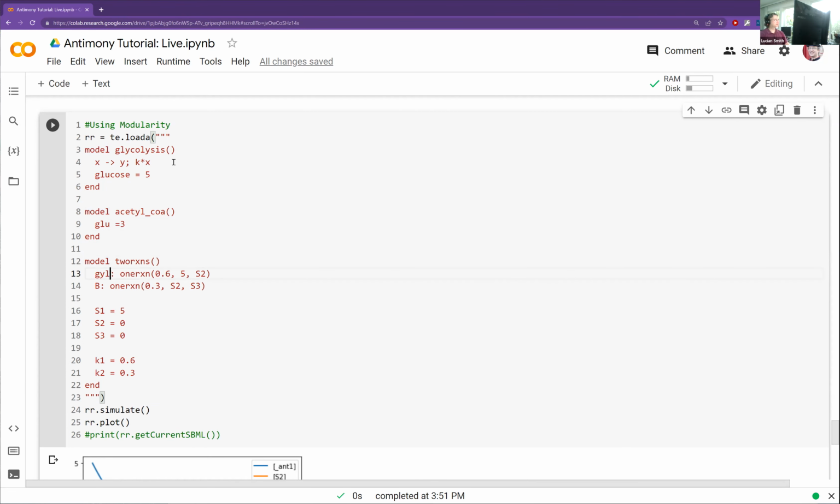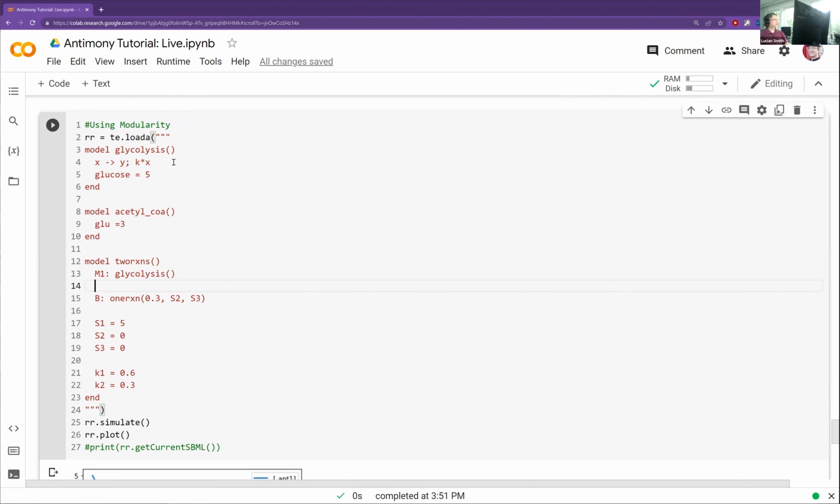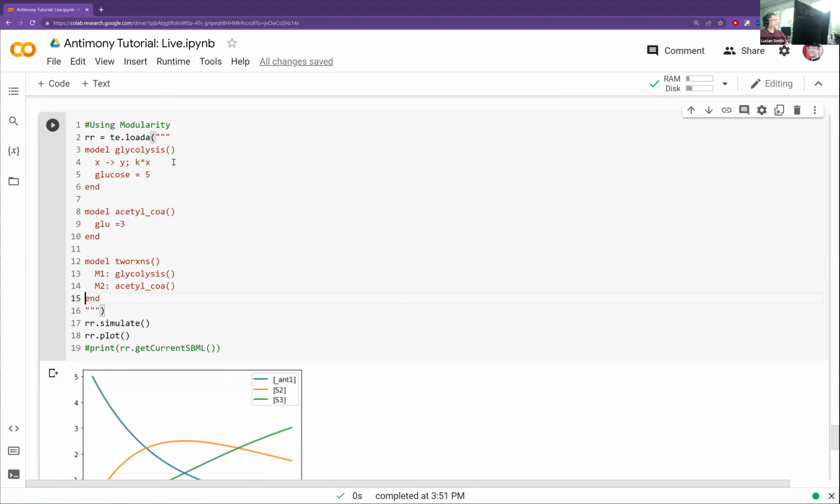We'll say model 1 is just glycolysis, and M2 is acetyl-CoA, and we'll delete the rest of it. Let's see, what else do we have to do here?